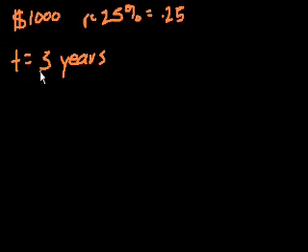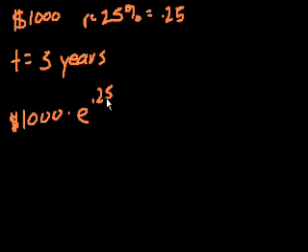So our formula says that the amount that I'll owe at the end of this is how much I borrowed, $1,000 times e to my interest rate power, 0.25, times the number of years, t. That's 3.